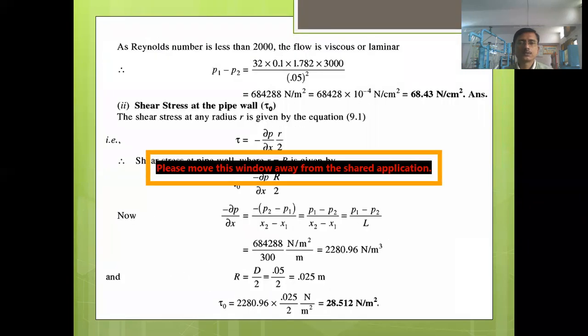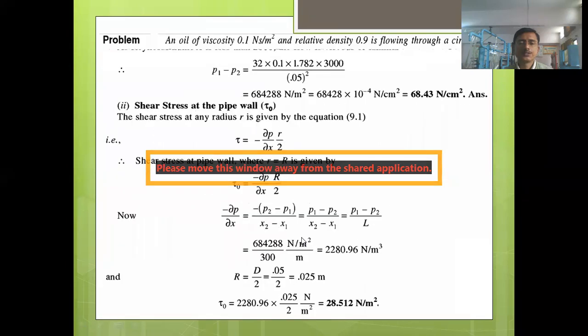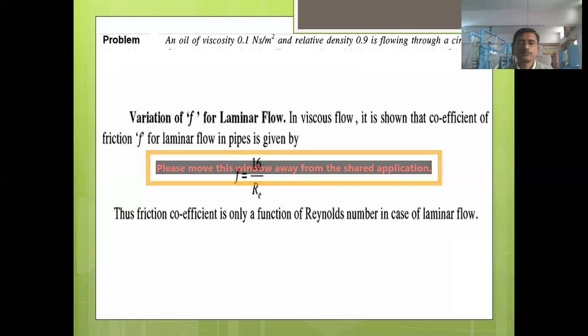So first of all, let us find the pressure difference, and then we'll see how to find the shear stress at the pipe wall.